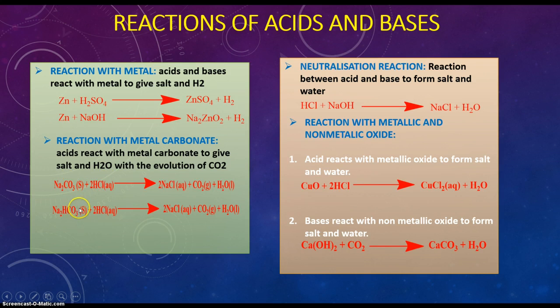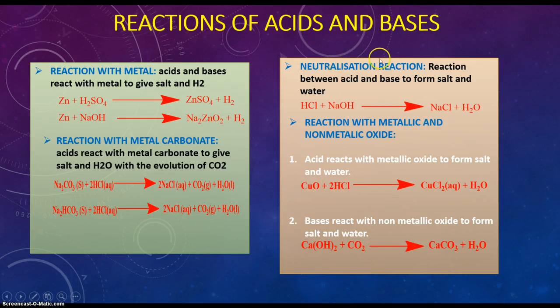Similarly, if sodium bicarbonate reacts with hydrochloric acid, a salt, sodium chloride, is produced, water is formed, and carbon dioxide is evolved. So these are the reactions of acids with metals and carbonates. In this way they react to give the products.